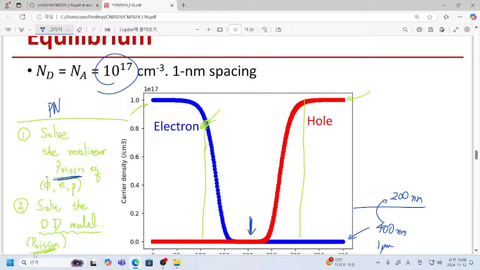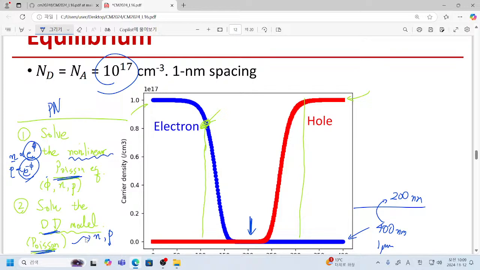When we say the nonlinear Poisson equation, we express our electron density and hole density in terms of electrostatic potential. But in the case of the drift diffusion model, please don't do that.